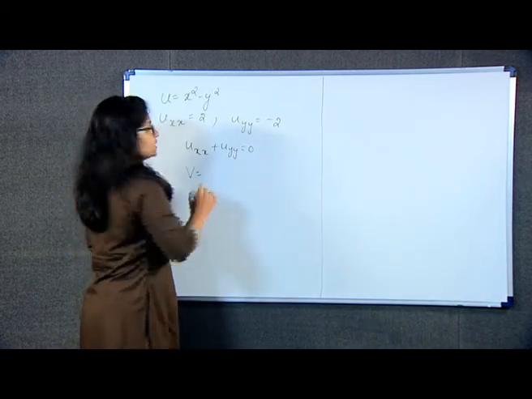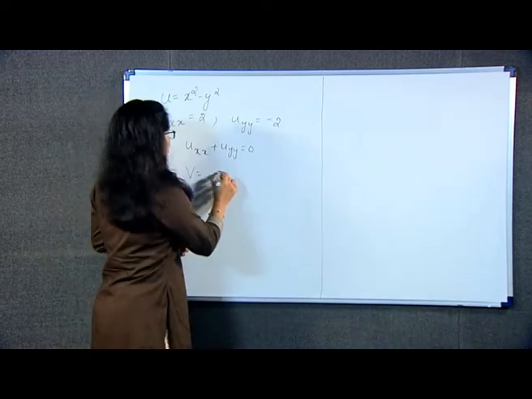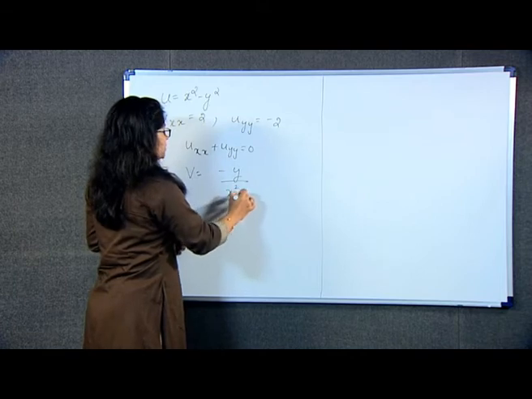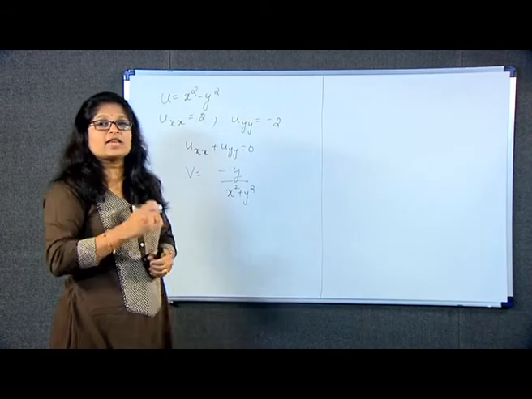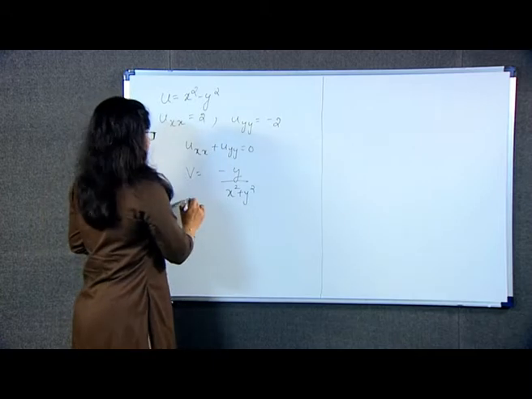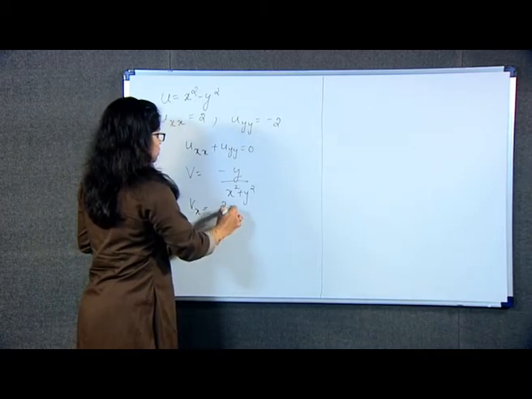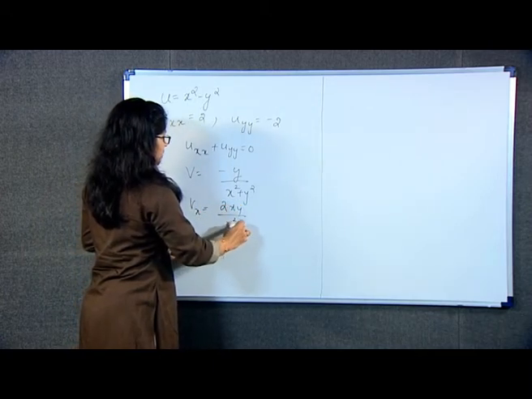Let us take another function v, that is minus y by x square plus y square. Let us check whether this is also harmonic. Vx is nothing but 2xy by x square plus y square the whole square.